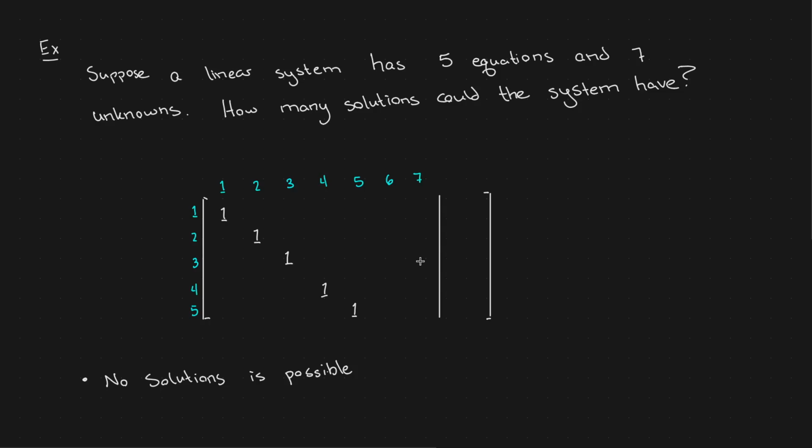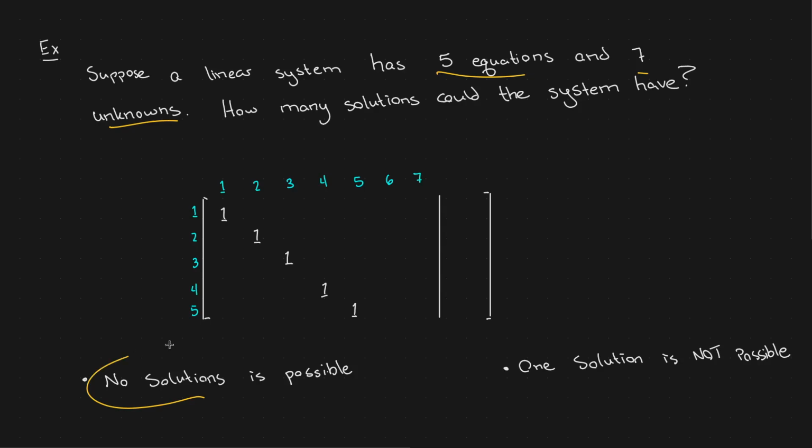It's just not possible. So having only one solution to the system is not possible. No matter what the system of equations is, if I have 5 equations and 7 variables, it's not possible to have one unique solution.